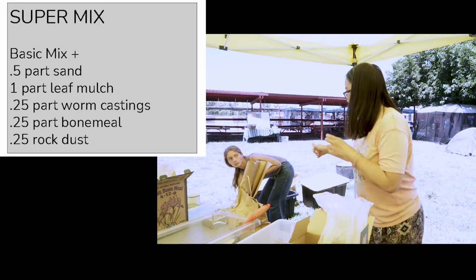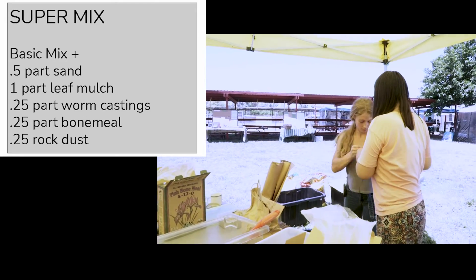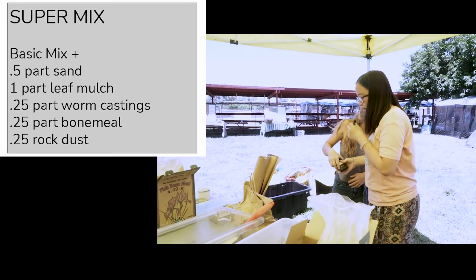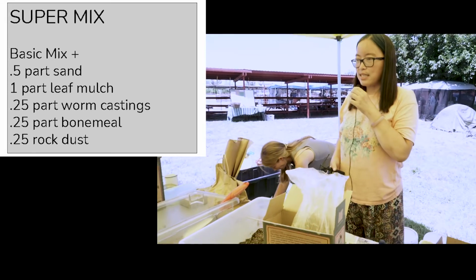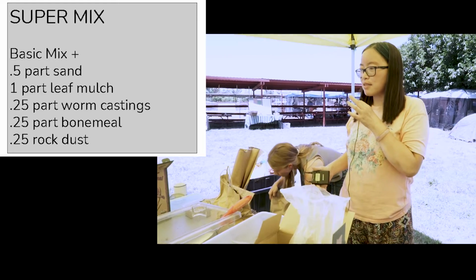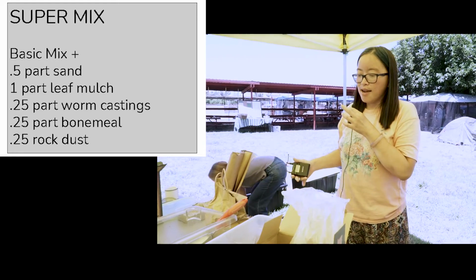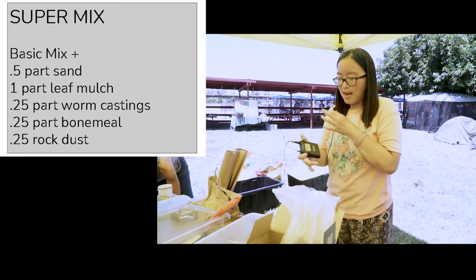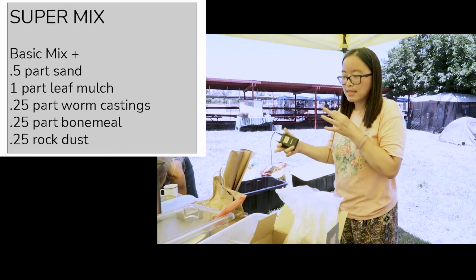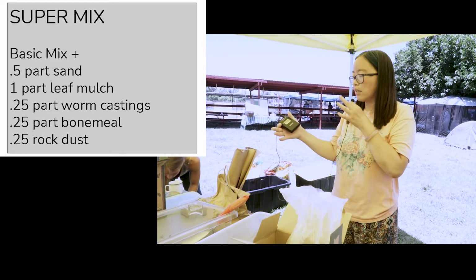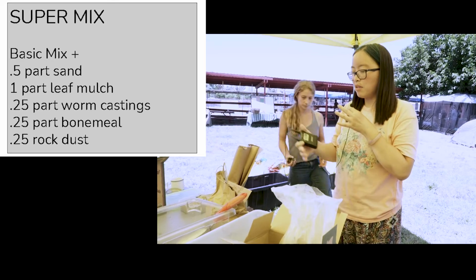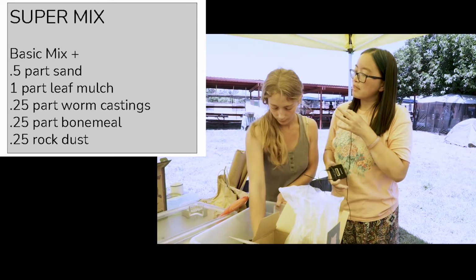Can I borrow the mic? Oh yeah. So there's different types of rock dust that come from different places. This is azomite, which is, as I mentioned, from Utah and the Southwest area. So it has a certain kind of mineralogy, maybe a little bit more iron in it because of that.